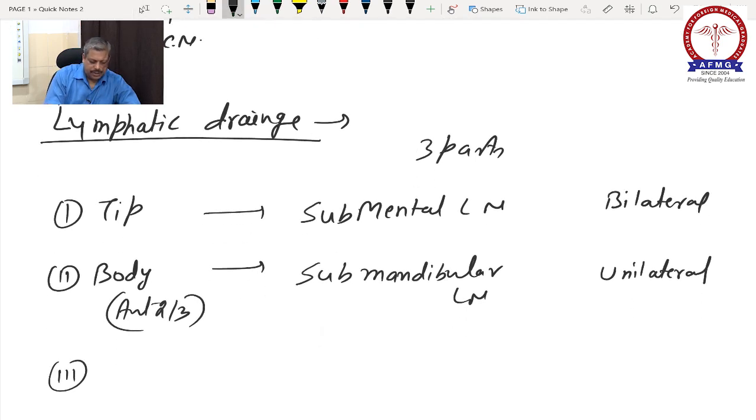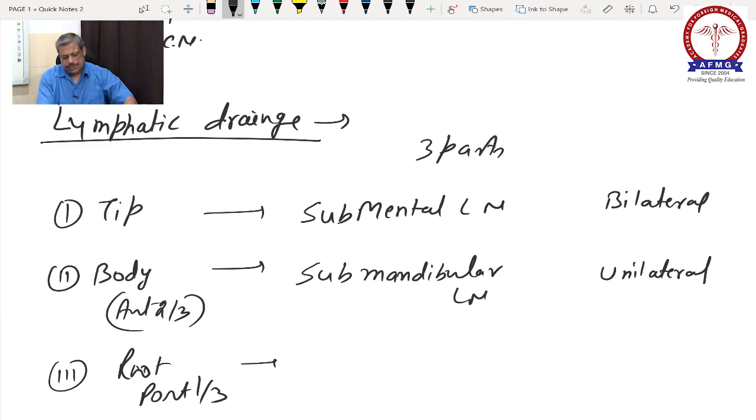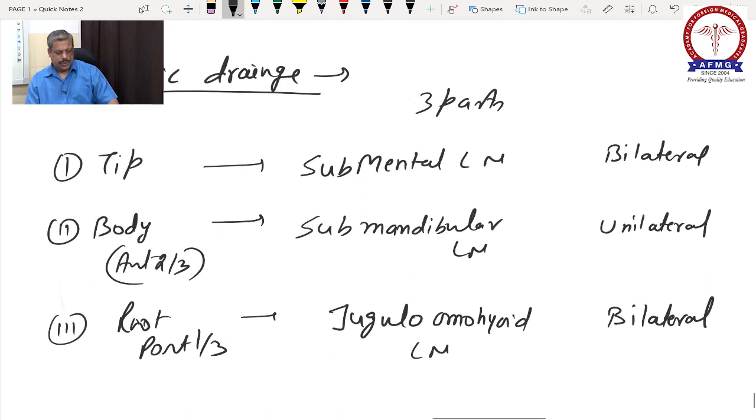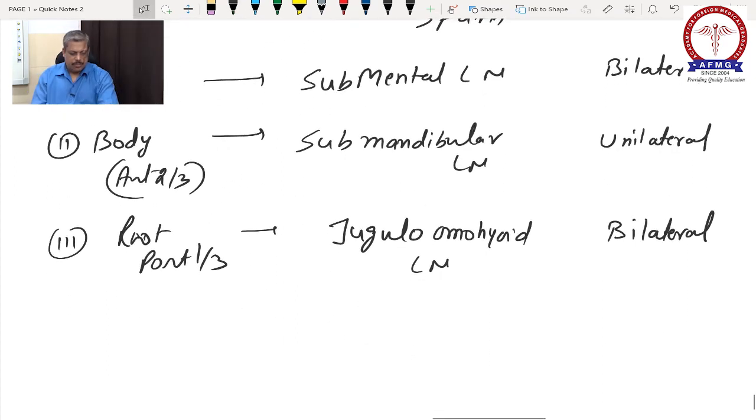Then the third is the root of the tongue, which is the posterior 1/3. This is drained by the jugulo-omohyoid lymph node, and this is also bilateral lymphatic drainage. Now understand this with the help of this diagram. This is the tongue.